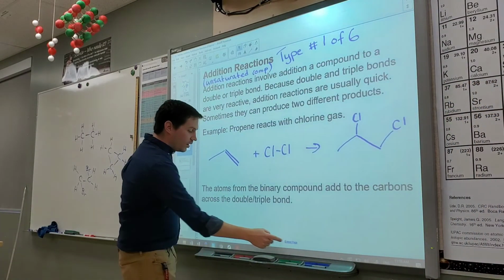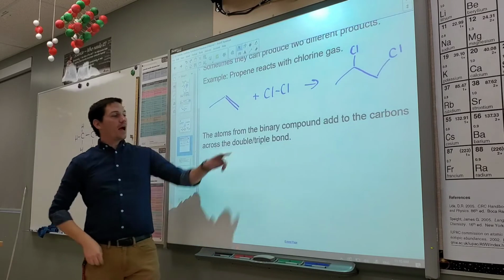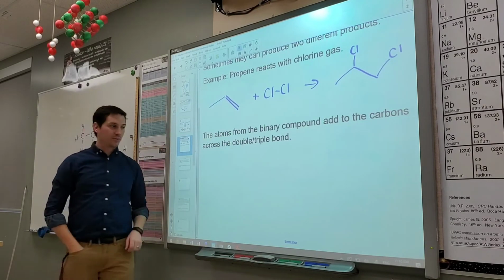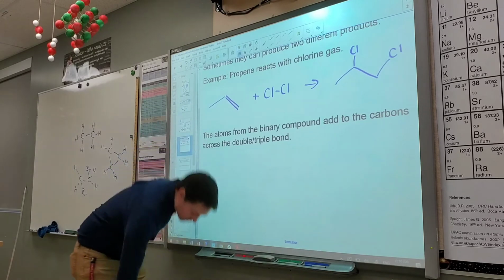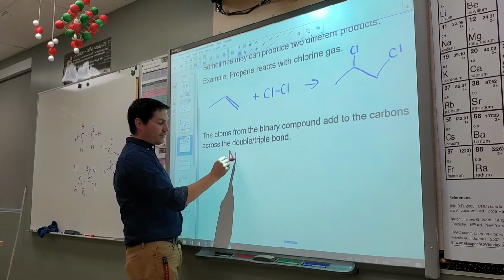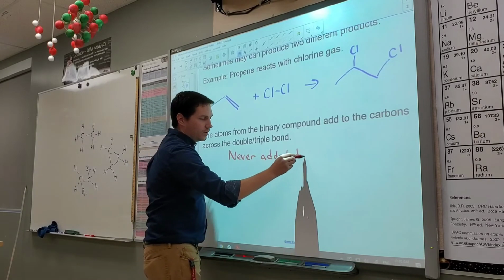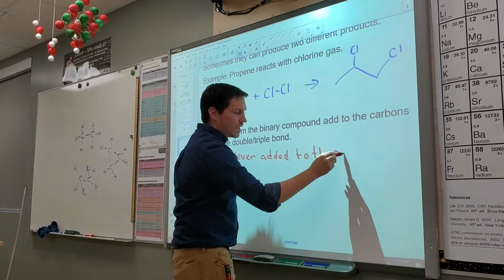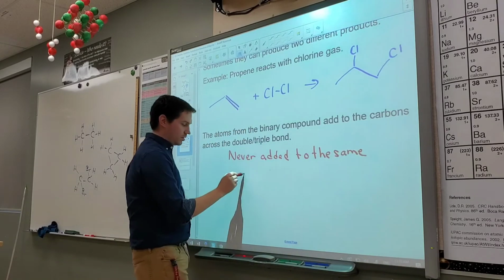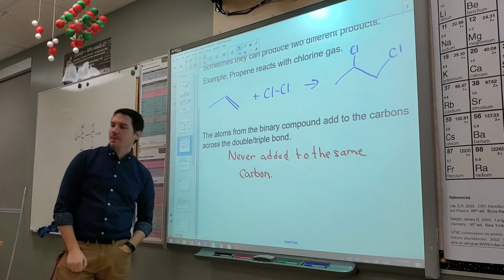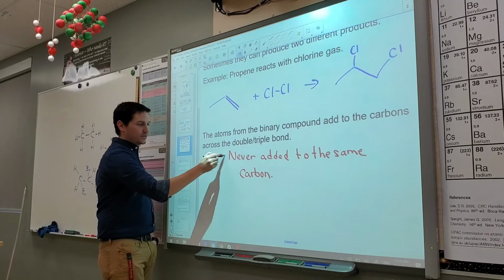Okay, so the atoms from that binary compound, they add to the carbons across the double or triple bond. They are never added to the same carbon. With an asterisk.